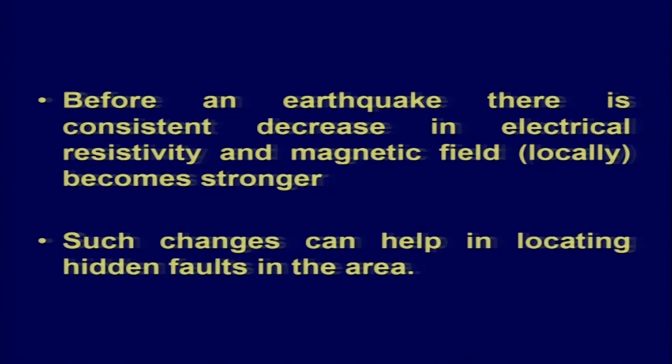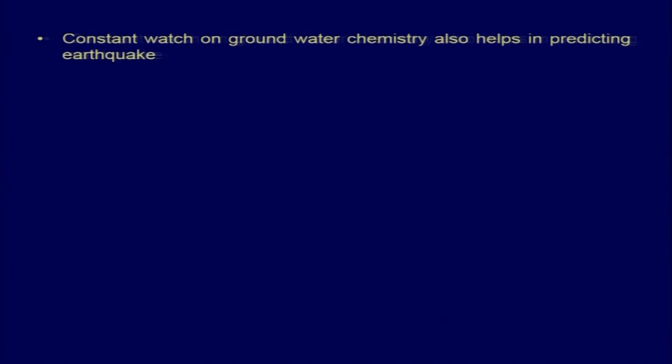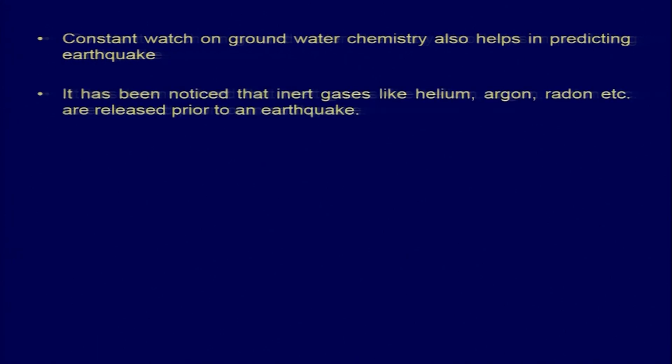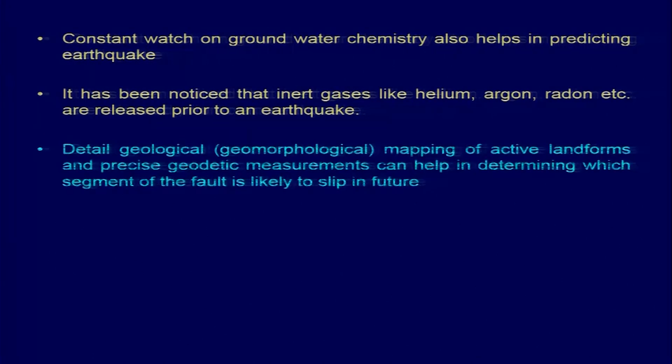Such changes can help in locating the hidden faults in the area also. Constant watch on groundwater chemistry is another parameter which helps in predicting the earthquake. It has been noticed that inert gases like helium, argon, radon are released prior to an earthquake.